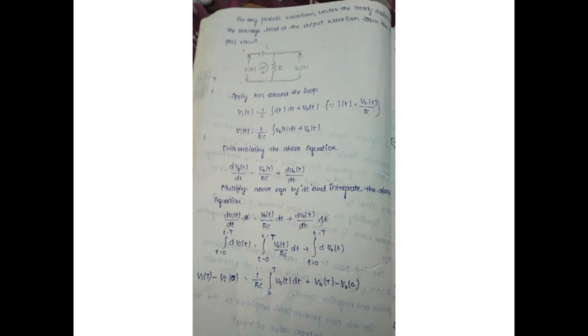So that is Vi of t is equal to 1 by C integral i of t dt plus V naught of t, that is Vi of t is equal to 1 by RC integral V naught of t dt plus V naught of t. By differentiating the above equation, we get dVi of t by dt equal to V naught of t by RC plus dV naught by dt.